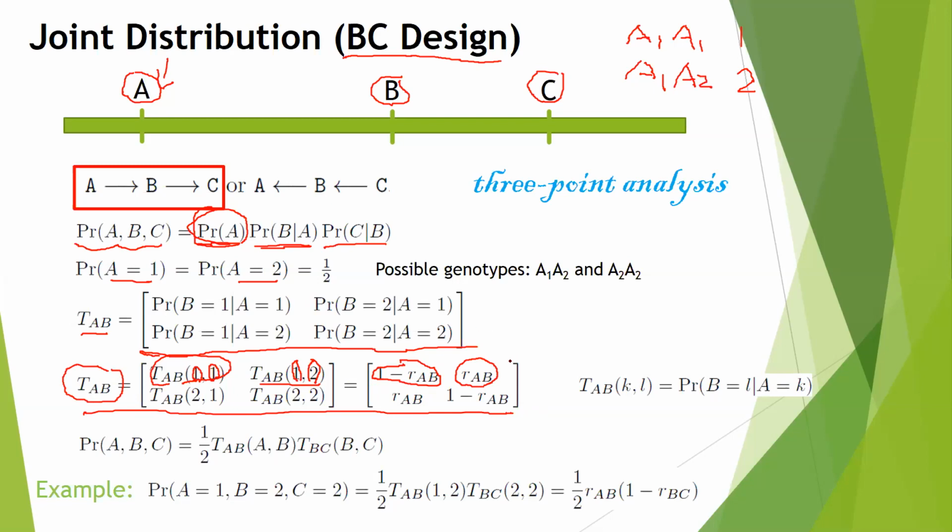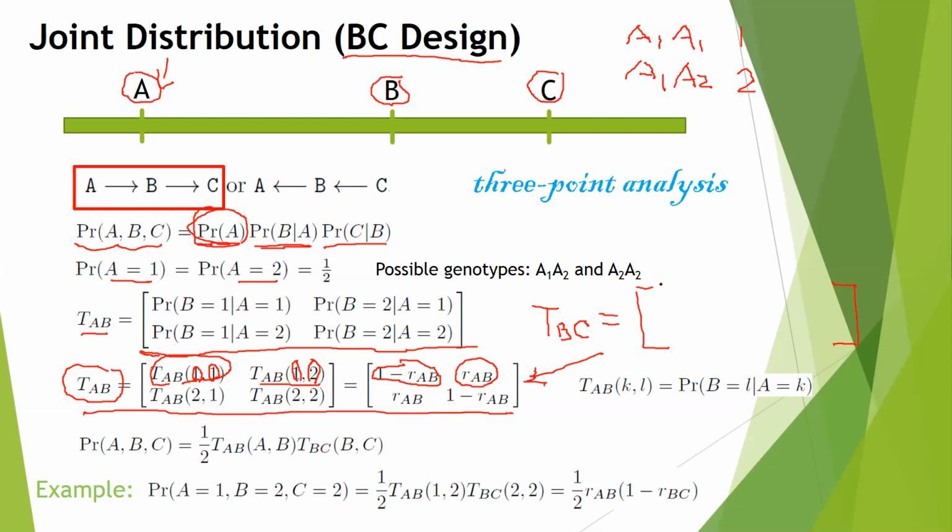We can use the same strategy to define the transition matrix between B and C, because the state for C only depends on the state for B. So this is the Markov chain. Basically, the transition matrix between B and C is very similar to this one.